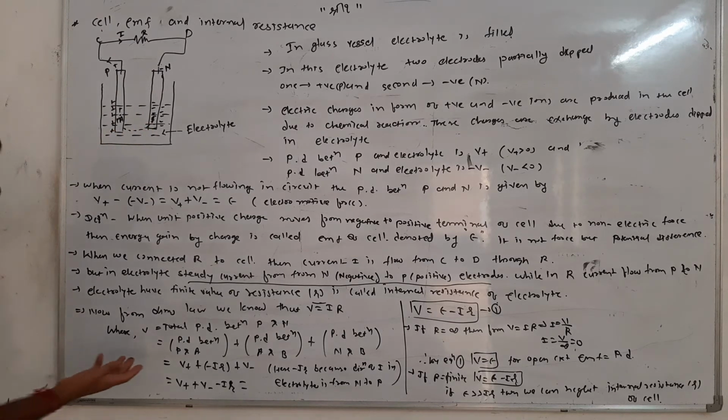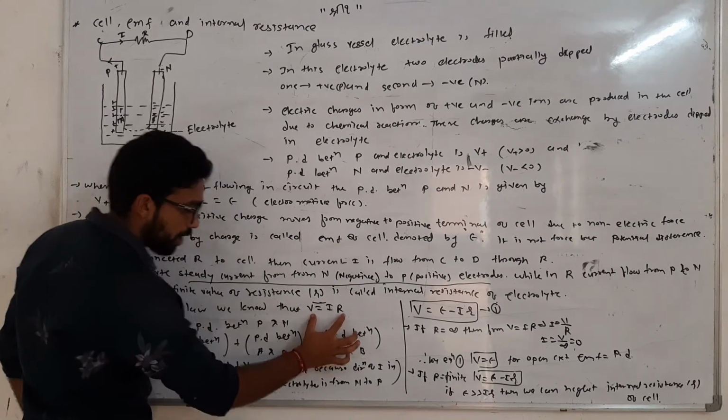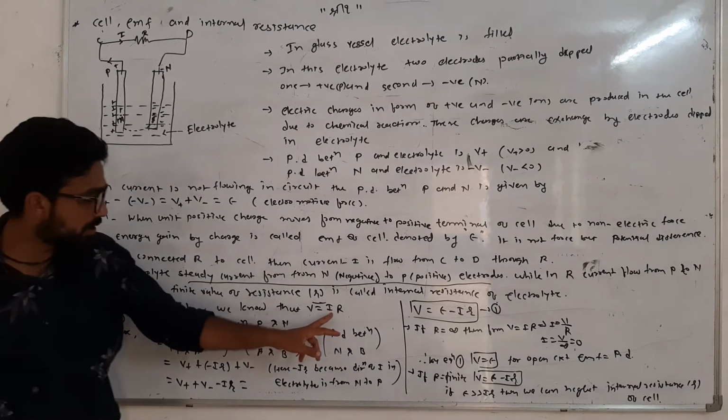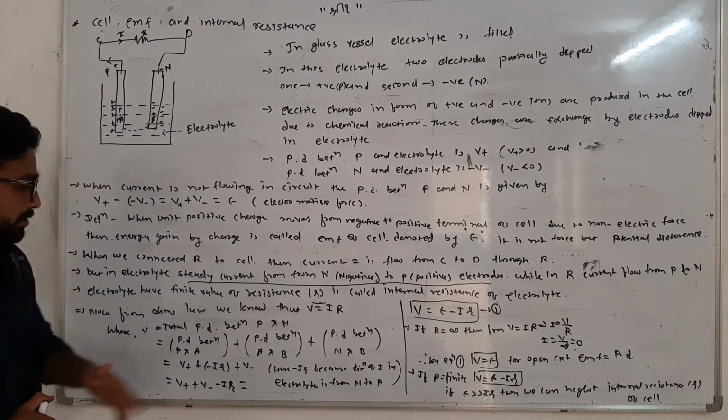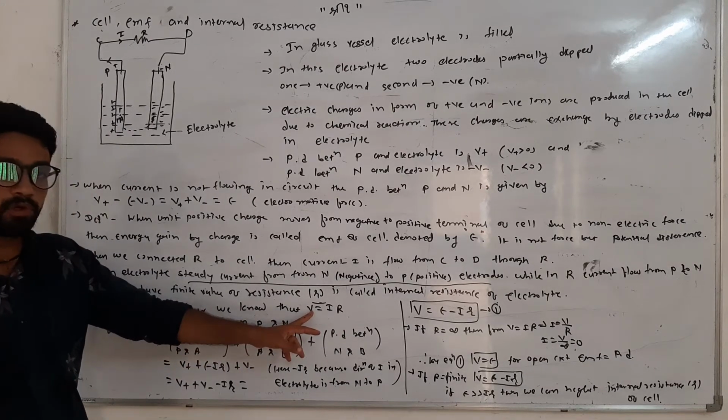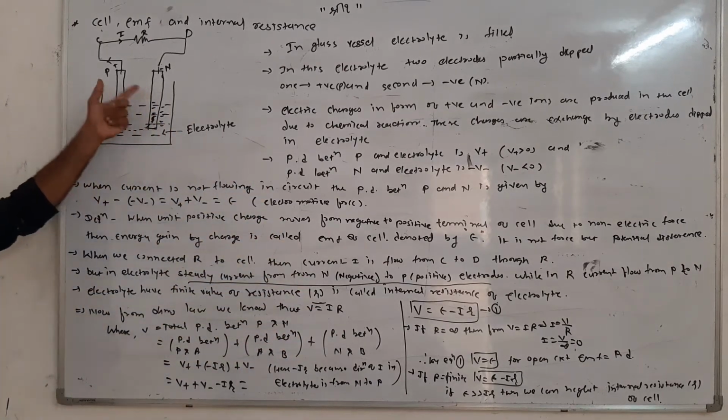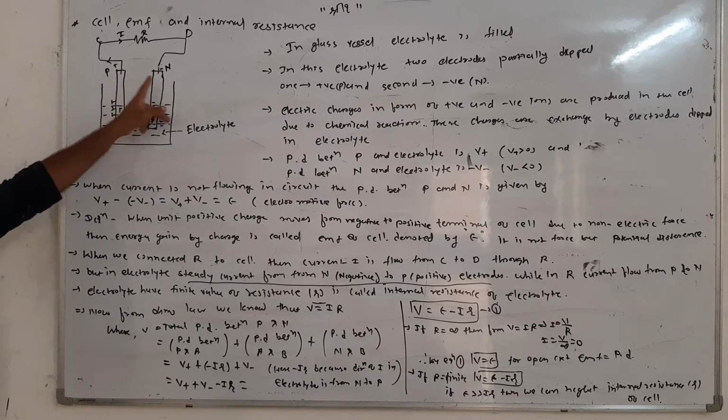Now from Ohm's law we know that V is equal to IR, where I is the electric current passing through the circuit and R is the resistance. But this V is the total potential difference between the two electrodes P and N.